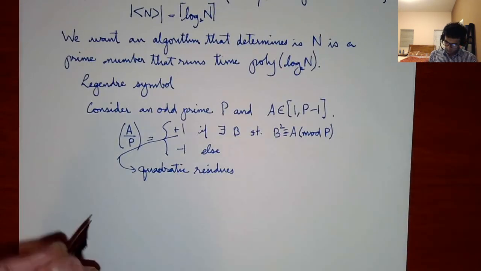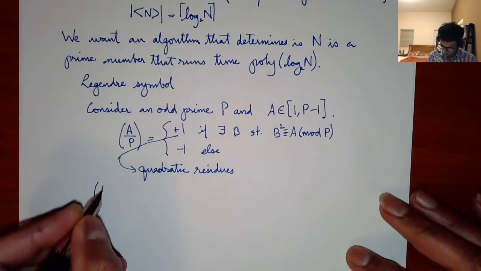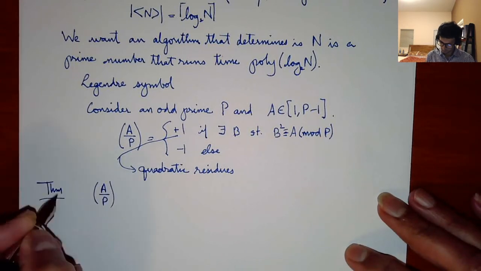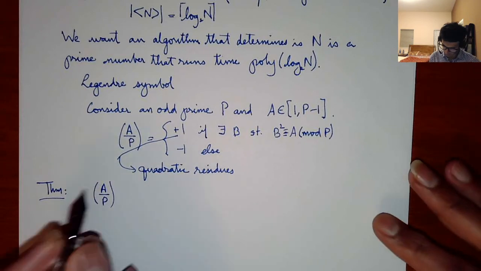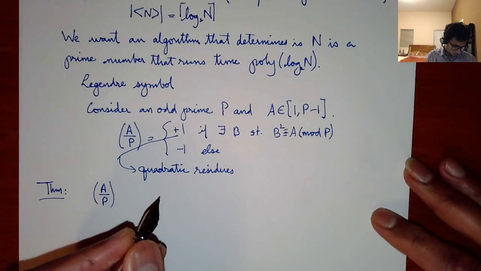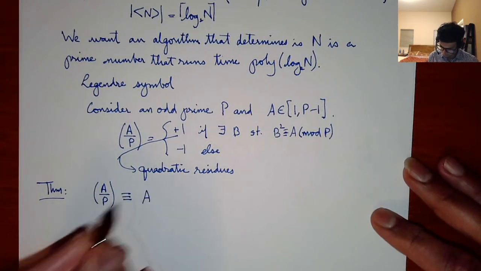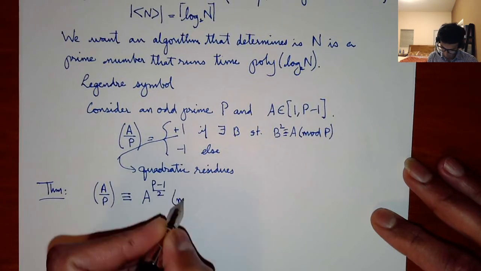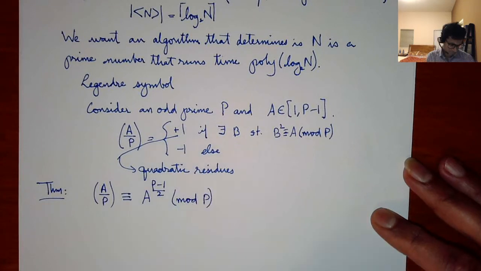And so there is a theorem, and I guess this is also related to Fermat's little theorem, which says that this symbol is equivalent to a to the (p minus 1) divided by 2 modulo p.